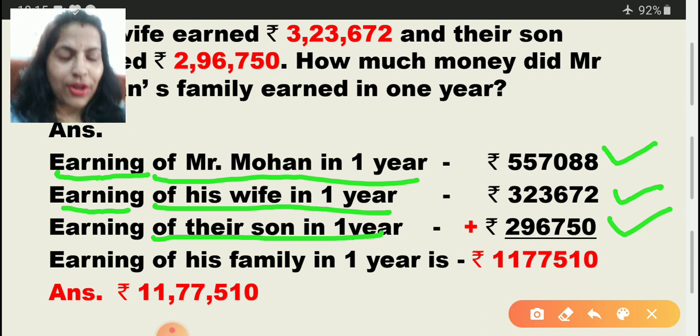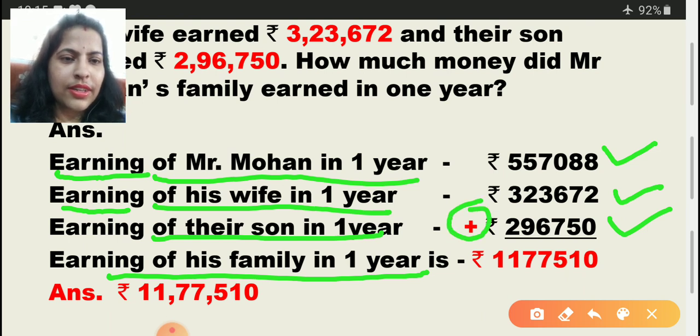You have to always keep these things in your mind: if you are not arranging the numbers in the proper column, you won't be able to solve it properly. It means you will get the wrong answer. Now the final statement is earning of his family in 1 year. So what you have to do?